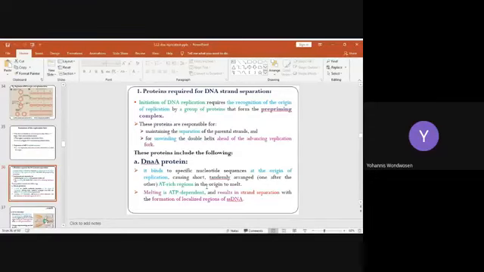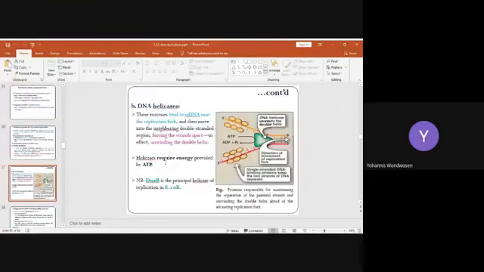After unwinding is taking place there are additional proteins called the single strand binding proteins or SSB. It becomes bound with a single strand in order to protect the strand from rewinding, to keep it single stranded until the replication process is taking place.